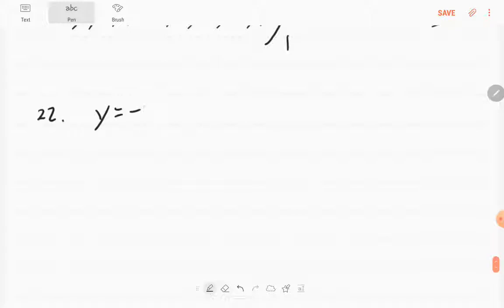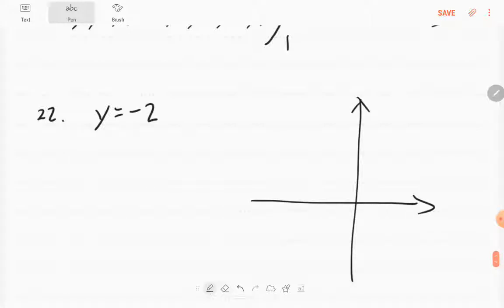Y equals -2. So we know that y equals -2. So it should be the graph for the -2. 1, 2 is here, so -2. So this is the graph. So there's no x-intercept, right?